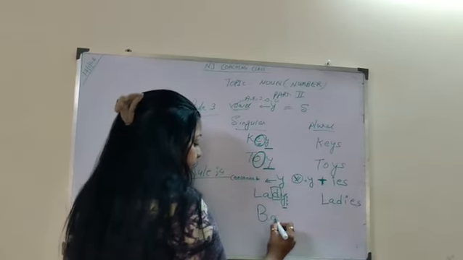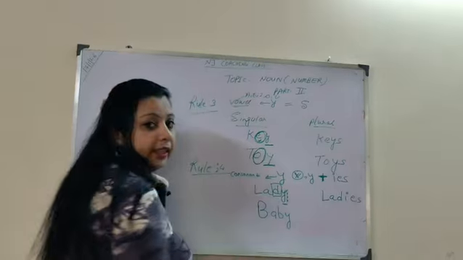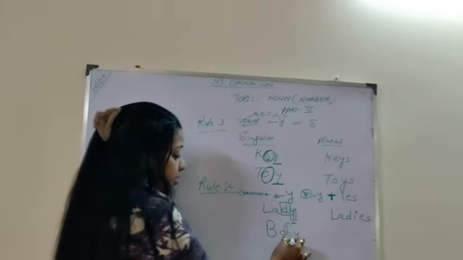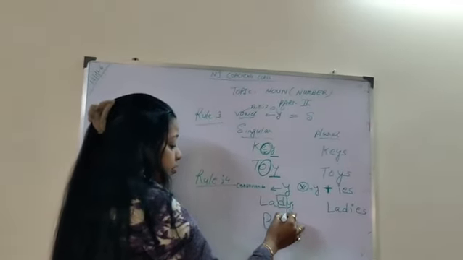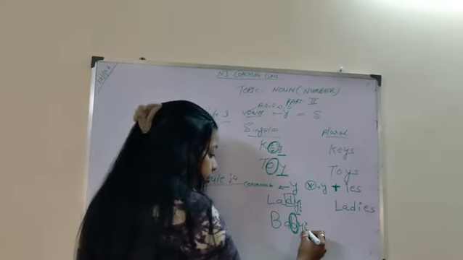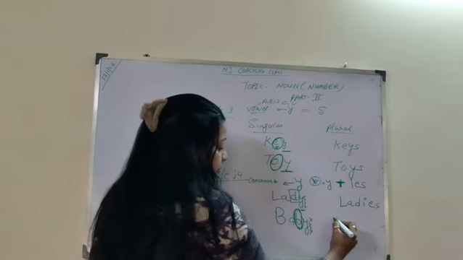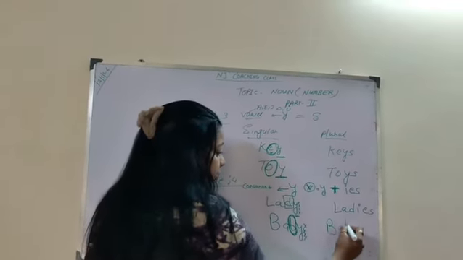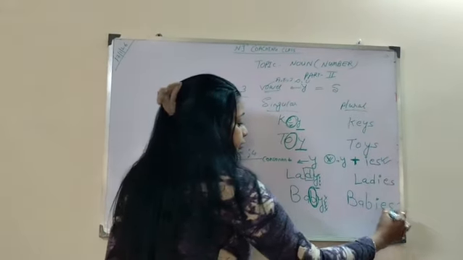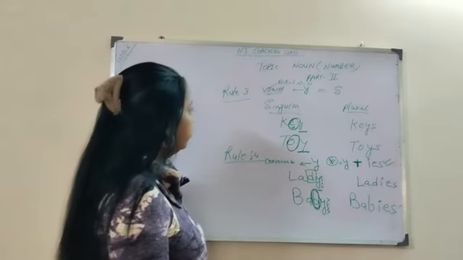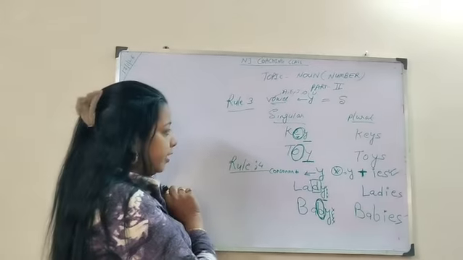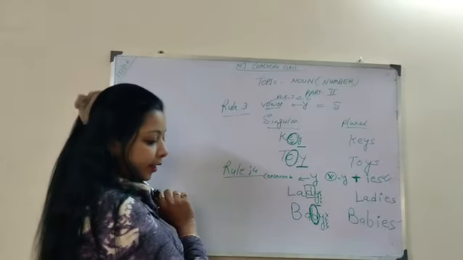If I say baby, again the singular noun is ending with y, but before y there is a consonant, B. So according to our rule number 4, we have to remove this y and add IES. Babies. Clear? So this was all rule number 3 and 4. If you want to take a screenshot, you can take it and we will go ahead.